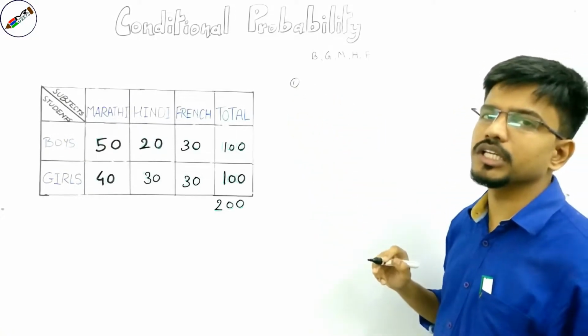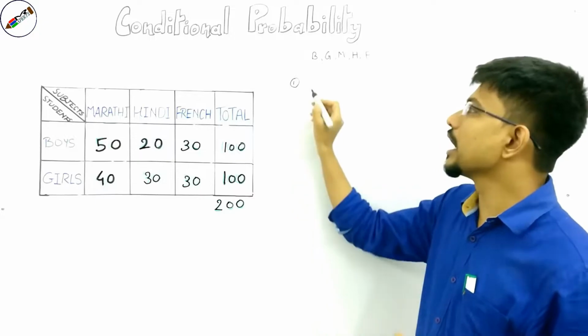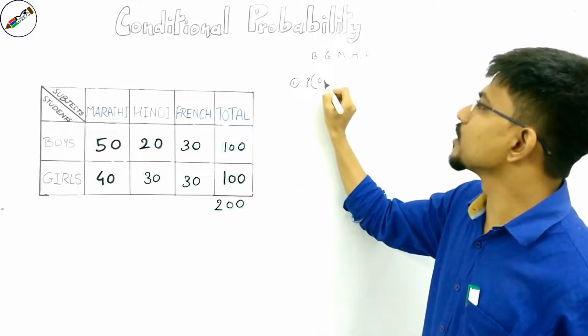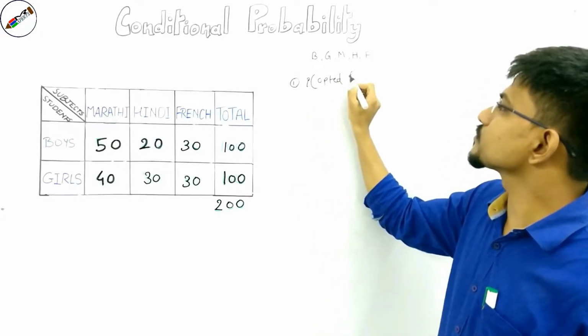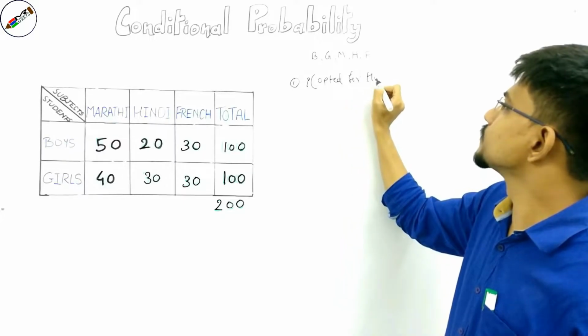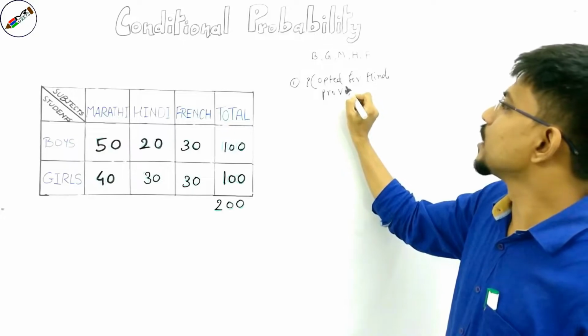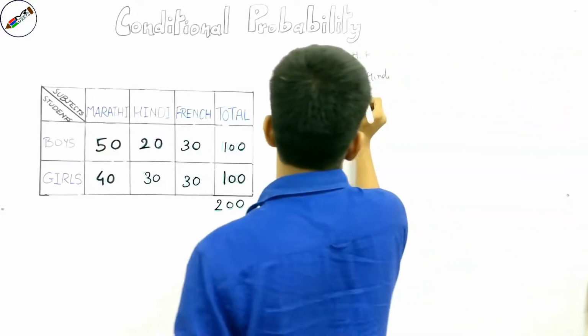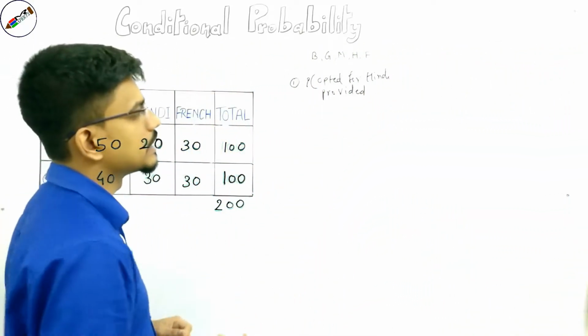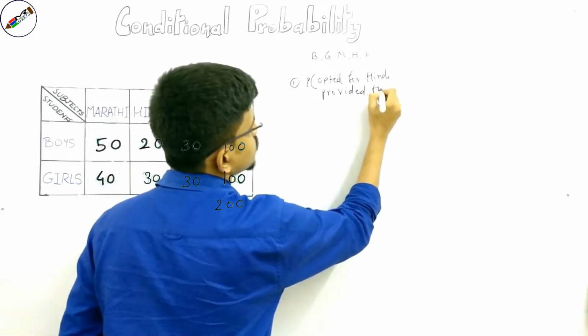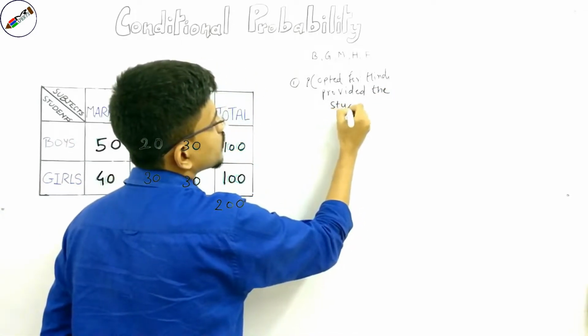So what I am trying to calculate here, let me take the first example. Find the probability that the selected student has opted for, let me say Hindi, provided the student is a girl.